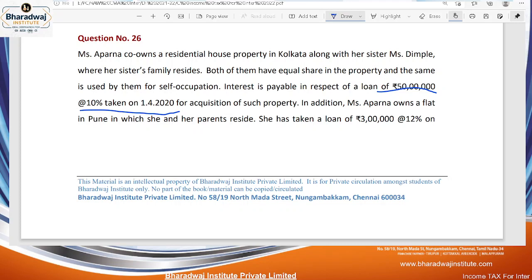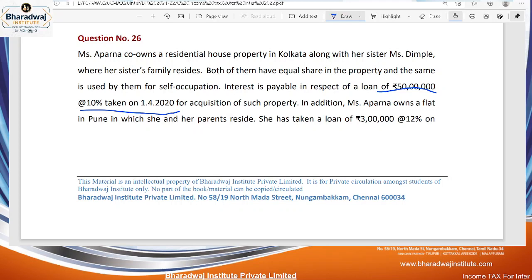50 lakhs at 10%, 5 lakhs is the total interest for the property in Kolkata. The benefit of self-occupied property is given for both, 2 lakh 50, 2 lakh 50, split between co-owners.